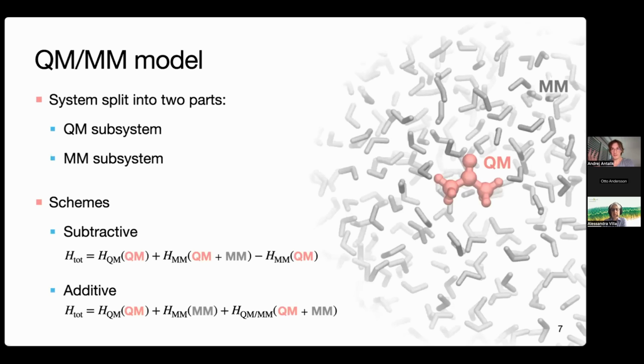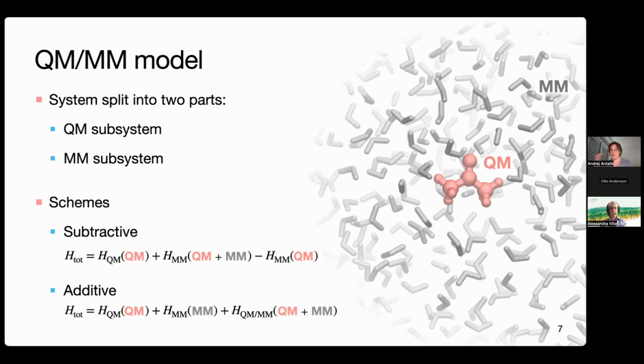So in QM/MM, as I already foreshadowed in the intro, we split the system into two parts: a rather small QM subsystem that is treated at the QM level, and then the rest of the system that is treated with a classical force field, or MM. And there are different ways, different schemes, how you can implement these QM/MM models.